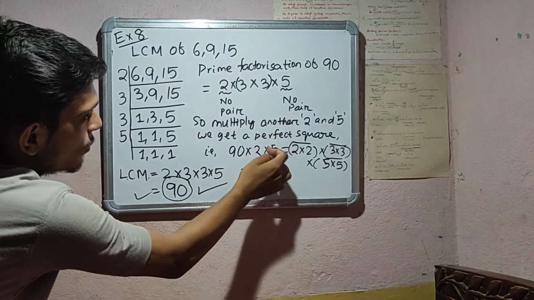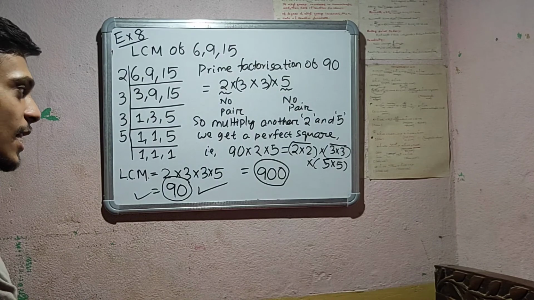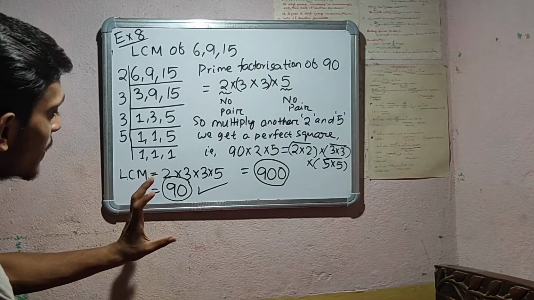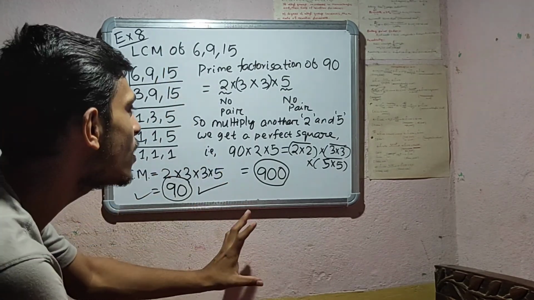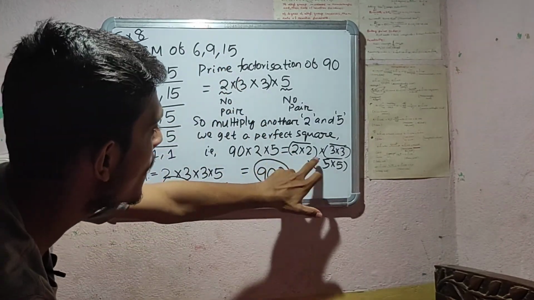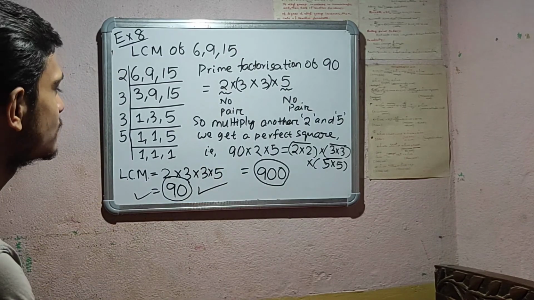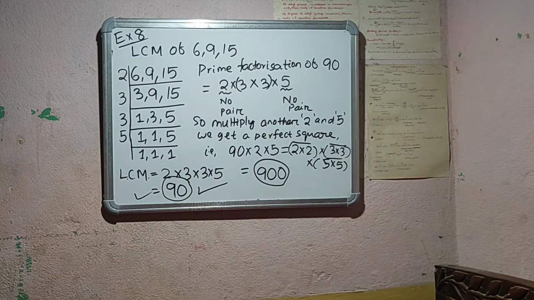So we have to make a perfect square by the prime factorization method. This is the difference between finding the smallest number and finding the smallest square number. For a square we have to make pairs, then you can say that this is a square number. Okay, clear? So this is a very important example.